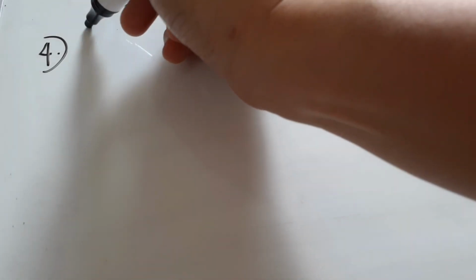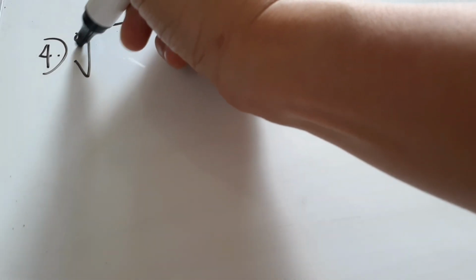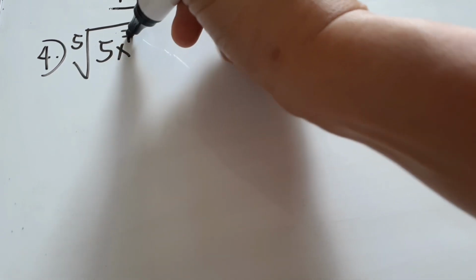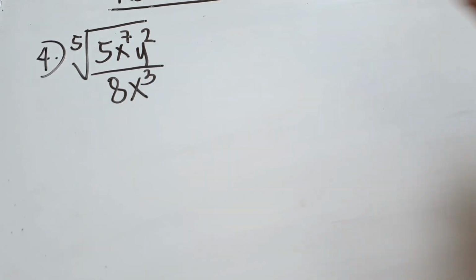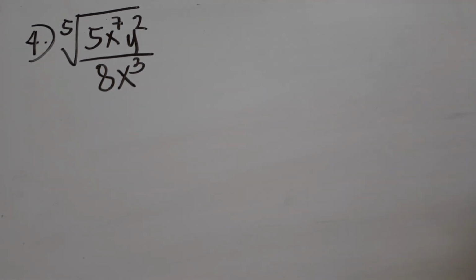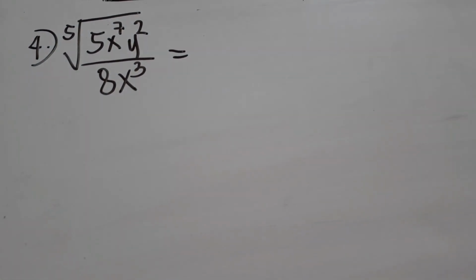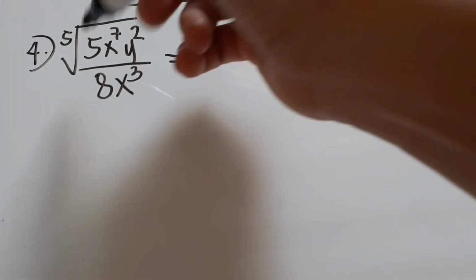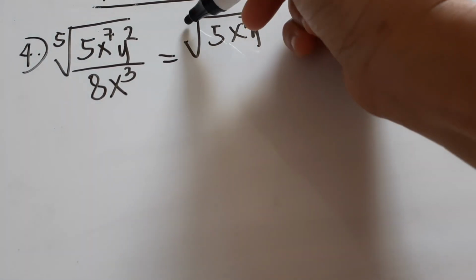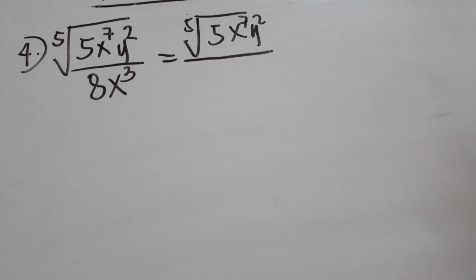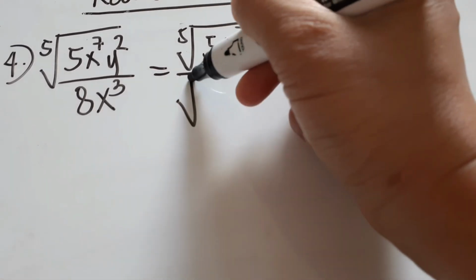And let's have exercise number 4. Fifth root of 5x to the 7th power y squared over 8x cubed. We can separate its numerator and denominator: the fifth root of 5x raised to the power of 7y squared over the fifth root of 8x cubed.